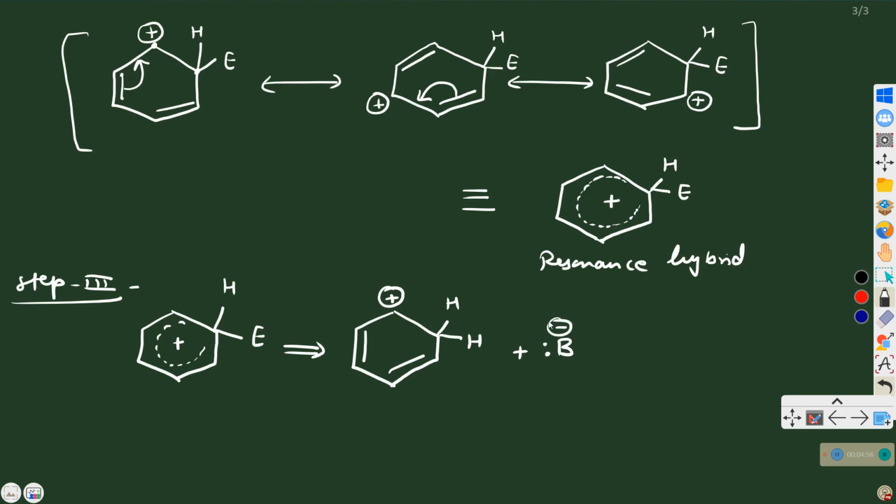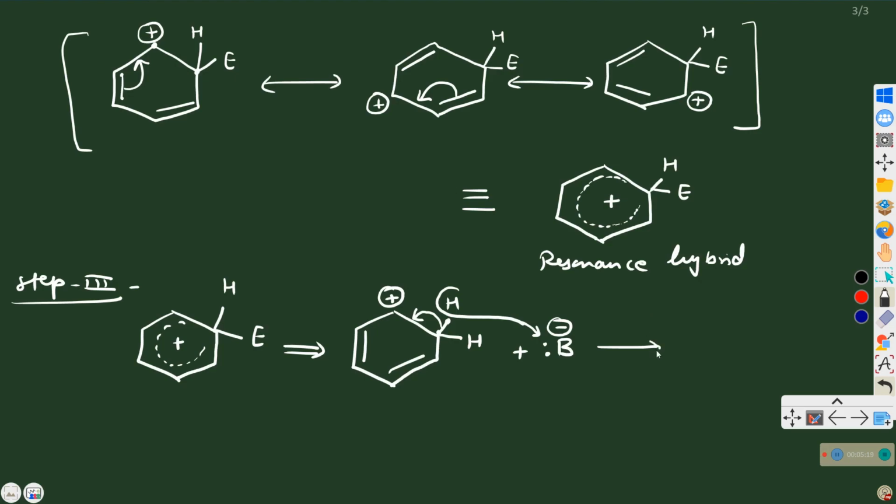Any base will pull out the hydrogen as a proton, and this shared pair of electrons between this carbon and this hydrogen will be utilized in the formation of a pi bond, hence completing the octet of every carbon in the benzene ring.